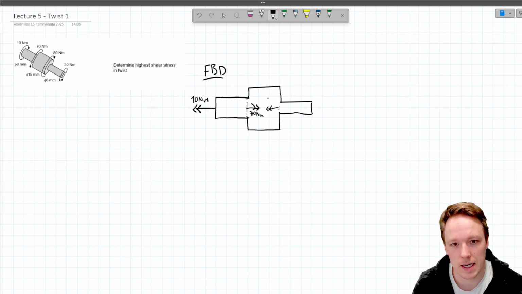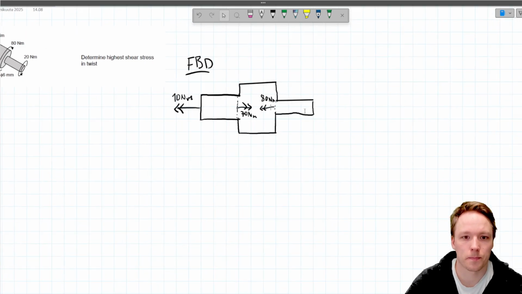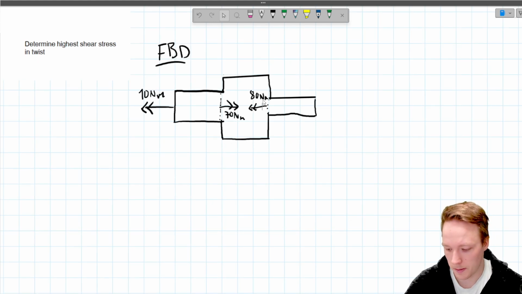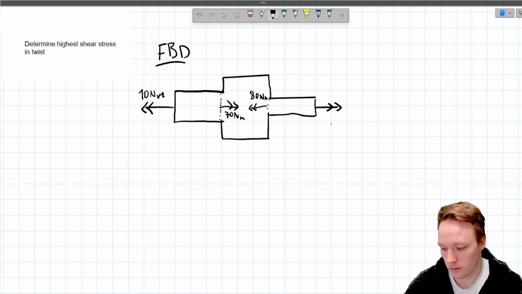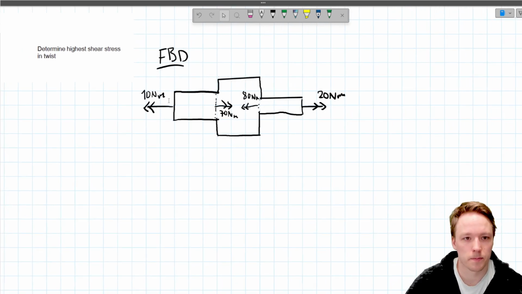This one is 80. And then finally at the end here we have torque which is pointing this direction, and the value for this one is 20 Newton meters, like so.